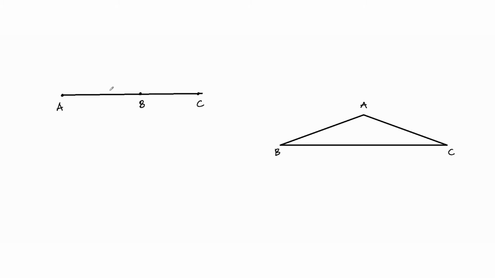Now I can use the distance formula. So assume that the coordinates of all the points are known, right? And in the first case, this is the case of collinearity, where all the points are collinear. Collinear means they lie on the same straight line.